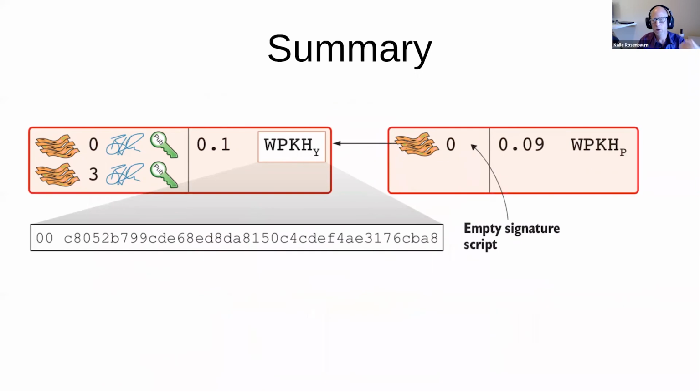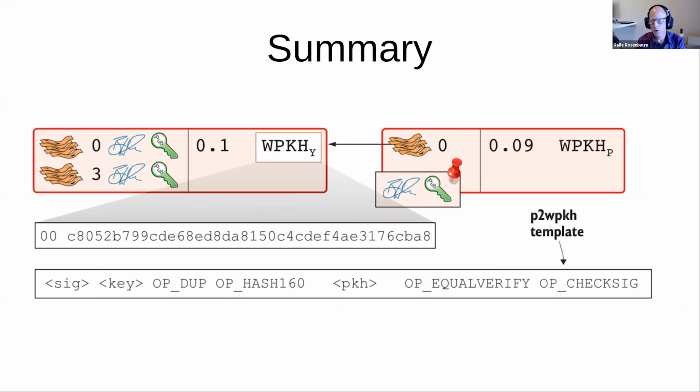So an old node would verify this as anyone can spend. This transaction would be perfectly valid on an old node, and a new node that's aware of SegWit will verify the full witness of this transaction.